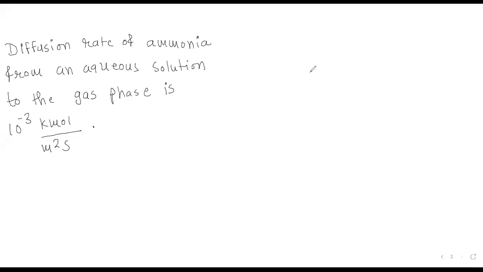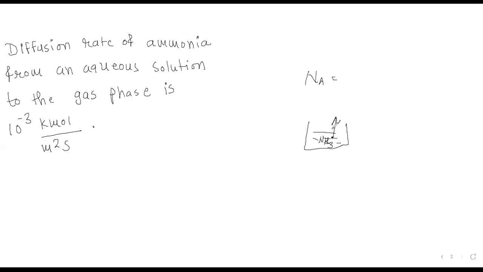They are given Na. They are saying that 10 raised to minus 3 kilomole per meter square per second will transfer. They have one liquid, water, in which ammonia is present. Now ammonia will transfer from the liquid phase to the gas phase.